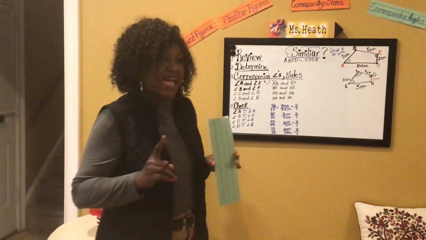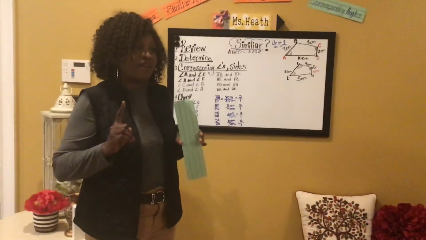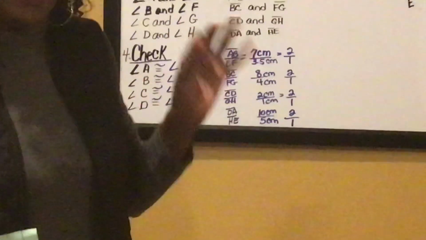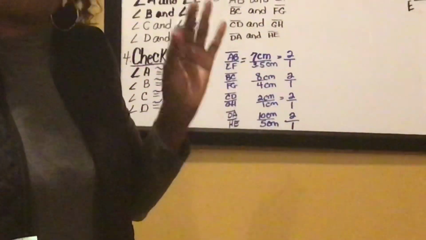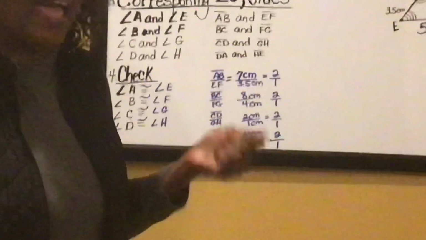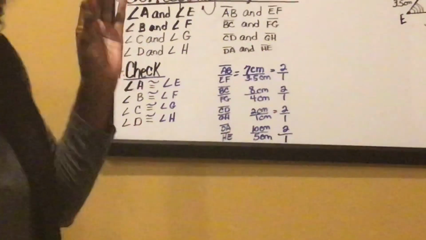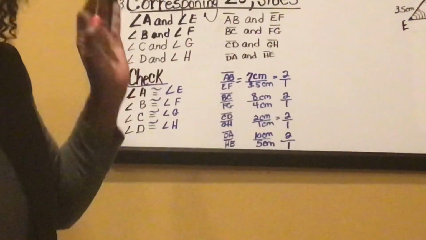We need to check that corresponding angles are in fact congruent, and corresponding sides are proportional. So I hope you understand what I mean when I say proportional.